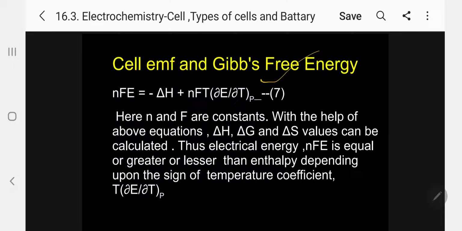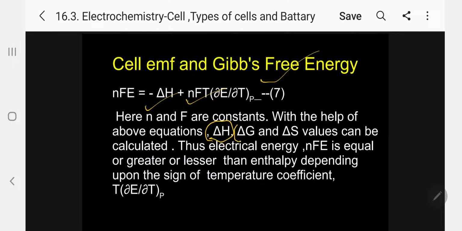Kindly follow. Here n and F are constant: n the number of electrons, F the Faraday constant for a particular cell. With the help of the above equation, what can we calculate?